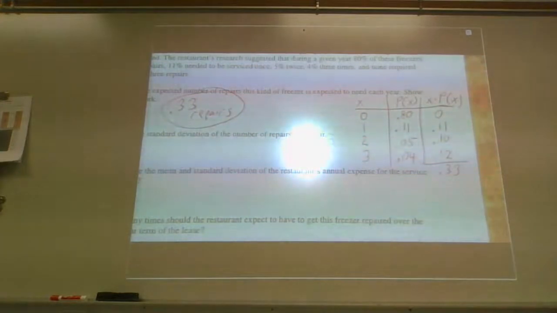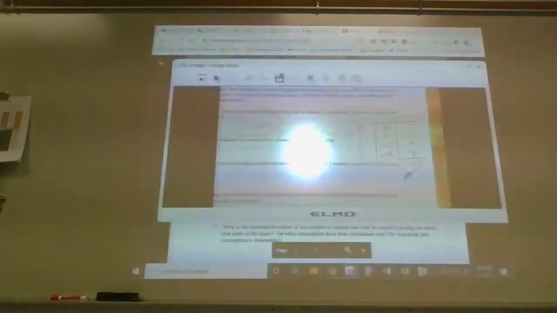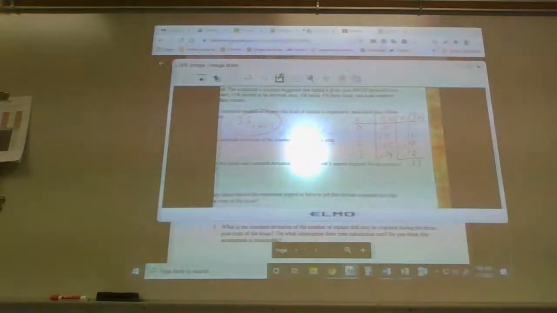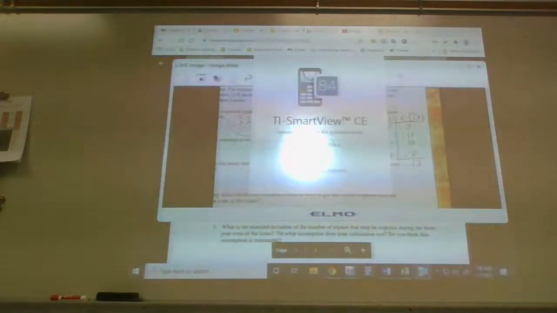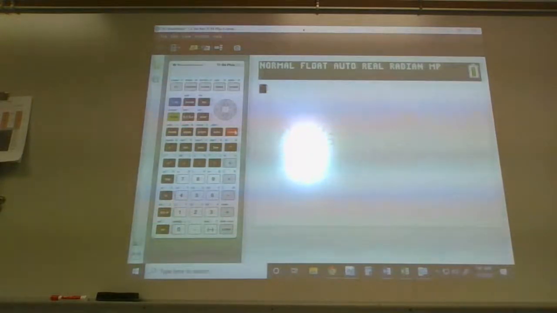Anyway, I go back to my calculator. Where's my calculator at? Come on, you. Load SmartView CE. There we go. Clear that. Cool. In order to calculate the standard deviation, as I said, you would need a graphing calculator.